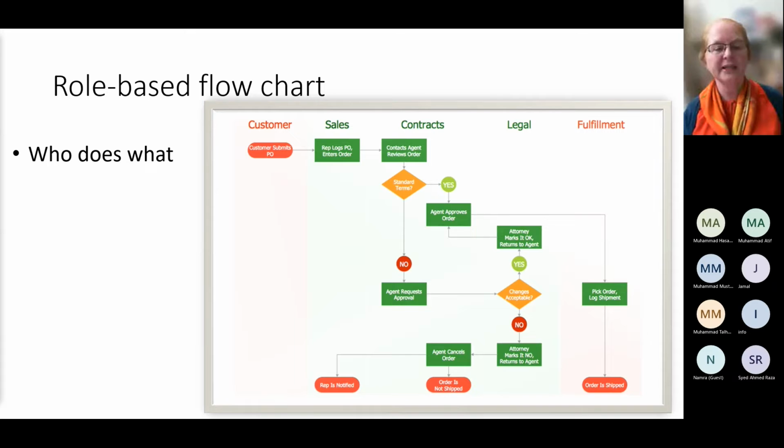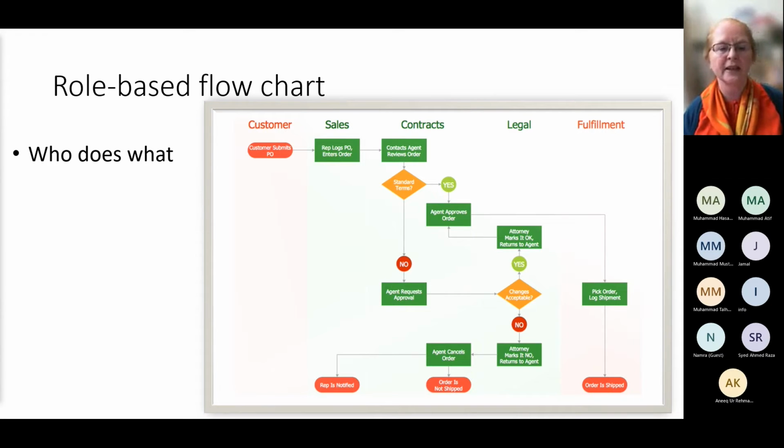So on this, we can see who does what. What does the customer do? What does the salespeople do? What do the contract people do? What does legal do? What does fulfillment do? And that can be incredibly useful in a project like Dynamics 365, because that can lead directly into your business process flows that will then help users work through doing their job.